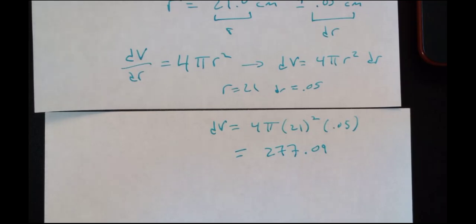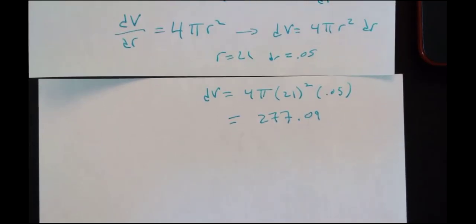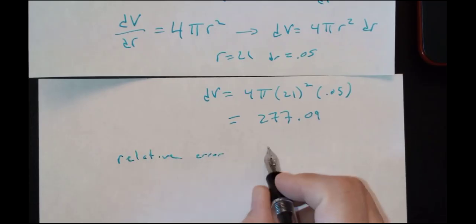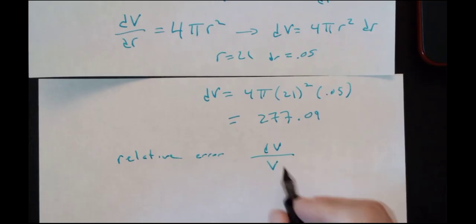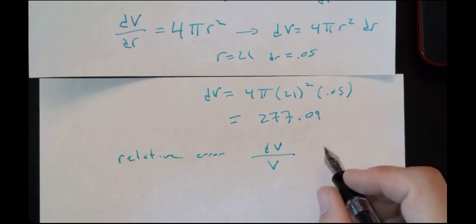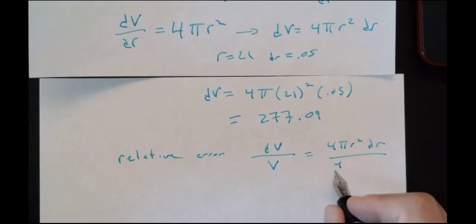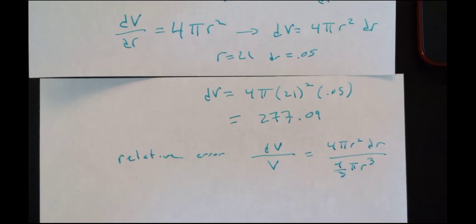Is this a big error or a small error? What's relative error? Oh, it's error in terms of my measurement, isn't it? So if I want to do relative error, I do dV over V, which, by the way, I could do before I plug in the numbers. 4 pi r squared dr over 4/3 pi r cubed.